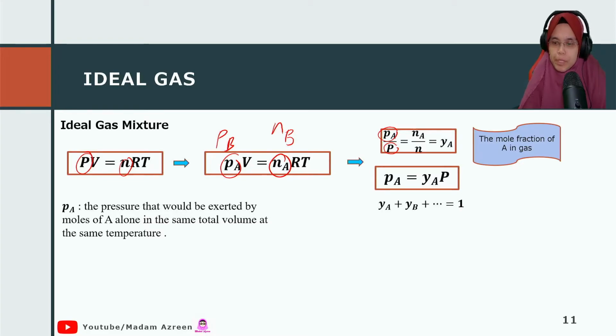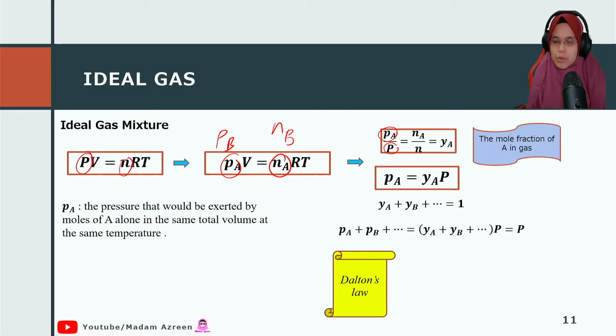And then the partial pressure of A plus the partial pressure of B is equal to how much? The mole fraction times the total pressure, YB times P is equal to P, and this is called Dalton's law.